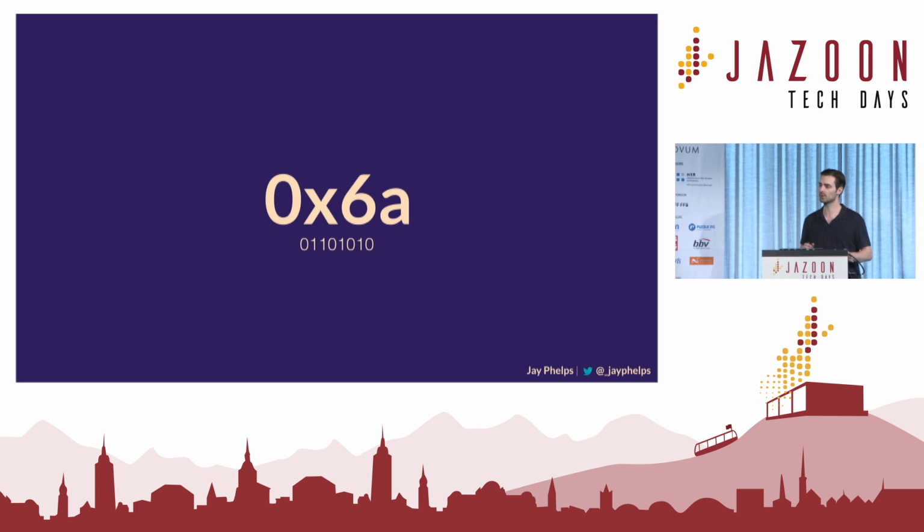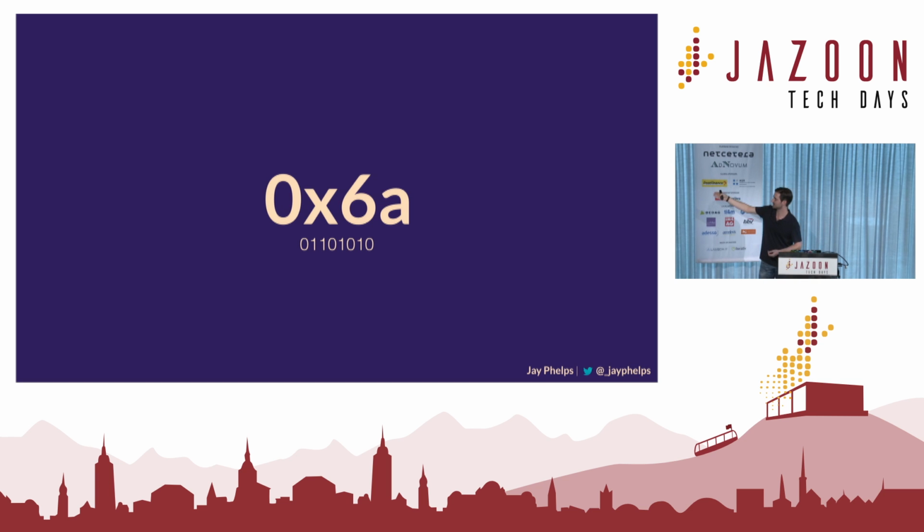If you're not familiar with the term bytecode, this is an example of one of the WebAssembly operators, instructions, I guess is a more familiar term for it. This is a hexadecimal, so this is 1 byte.